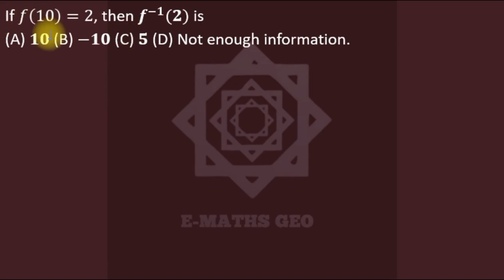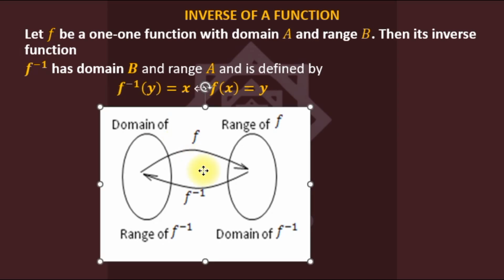So we ask, if f of 10 is 2, then inverse of f of 2 is? Without wasting time, from what I've just said, with our arrow diagram, I can copy it and put values.